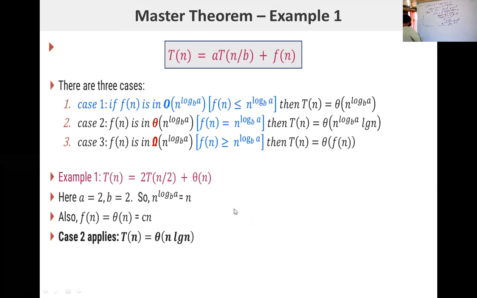Now what would be T(n)? T(n) would be equal to theta of n^d, that is, T(n) would be equal to theta of n square, because the value of d is 2. So the answer is theta of n square.